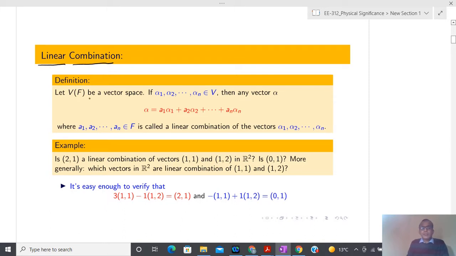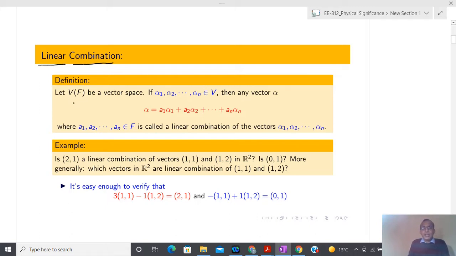I am going to assume that I have some kind of vector space V, and in the previous class we saw that whenever we define a vector space, I need a field, or a scalar. Based on that, I can define vector addition and scalar multiplication, two binary operations, and we make sure that some axioms are satisfied.